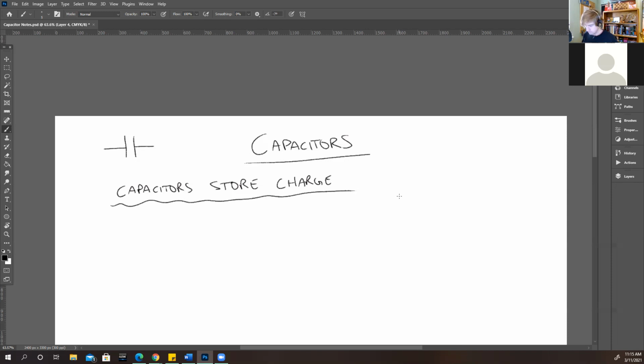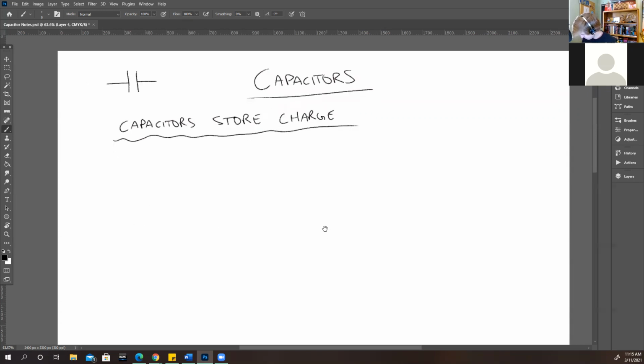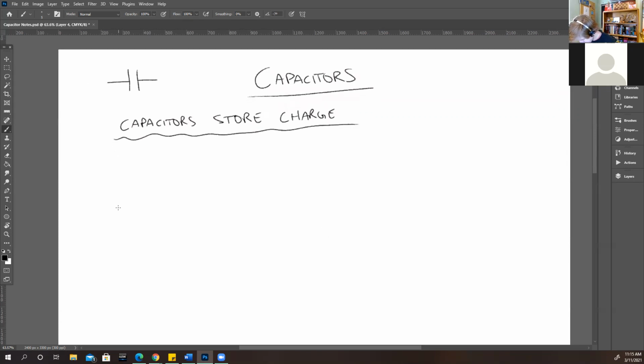Let me draw a capacitor better than this one up here. This is the circuit diagram over here. Let me make another one, a bit bigger like this. What's actually going on inside of a capacitor?